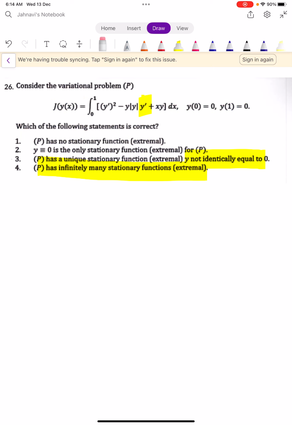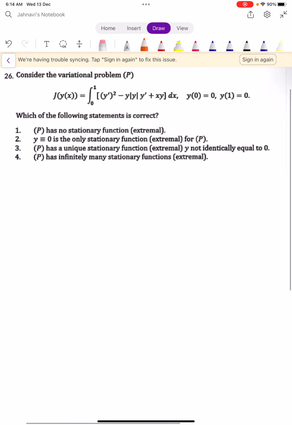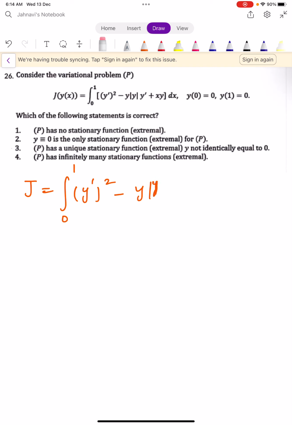So here you observe that J is given by the integral from 0 to 1 of y dash square minus y into mod y into y dash plus xy dx.